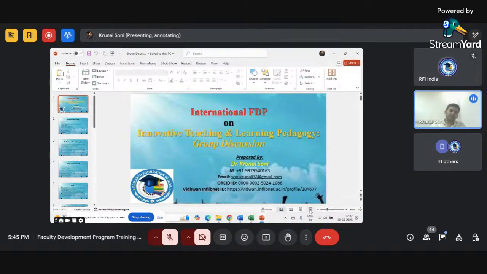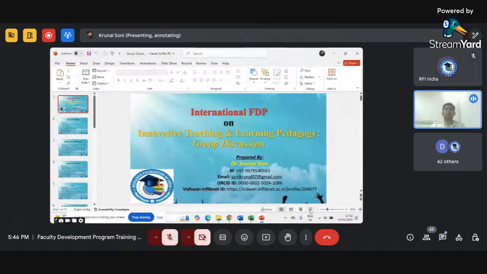The second important aspect is the moderator and facilitators. We need to ensure that a moderator and facilitator are available to guide the session. You have to handle the session: who will speak, when to speak, how to speak, on what topic. Once the topic has been given, what has to be done and what has not to be done.